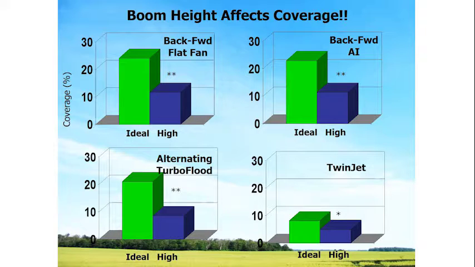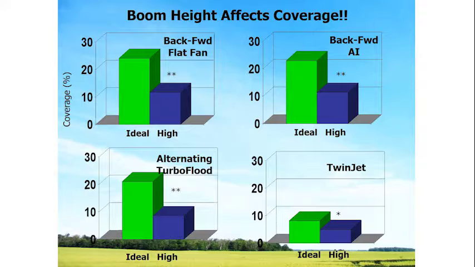You can see that the amount of coverage is reduced by half if the boom height is doubled. So this is the backward-forward flat fan at 16 inches above the canopy, and this was the coverage at 32 inches above the canopy, all right?